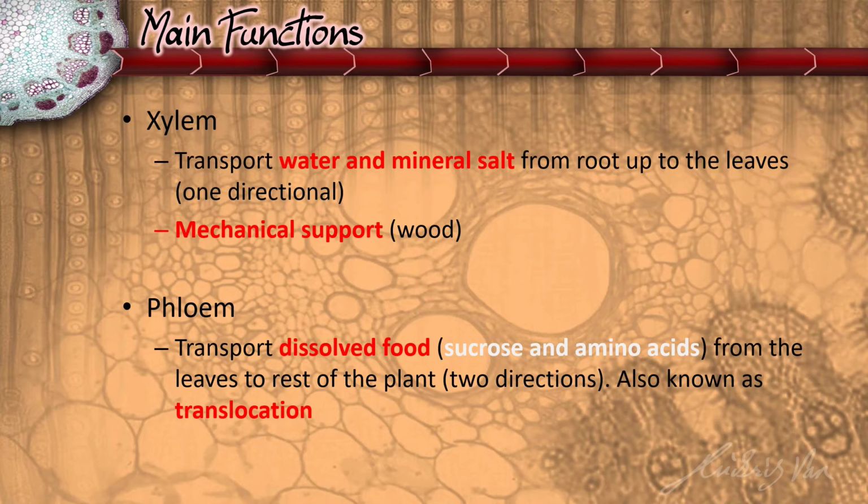So this is two directional. For example, after the plant photosynthesizes and has excess glucose, maybe it will transport it to the root, and it can also transport it up to maybe one of the fruits. And the process of transporting dissolved food is also known as translocation.